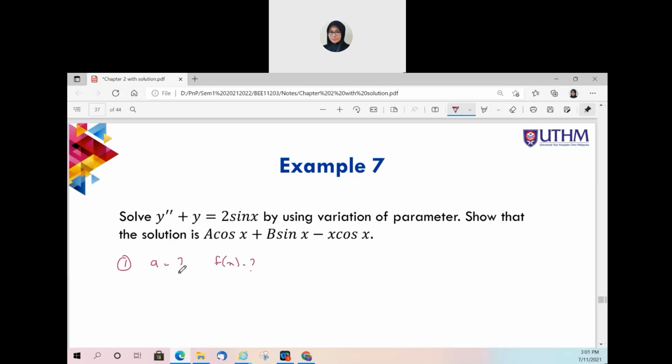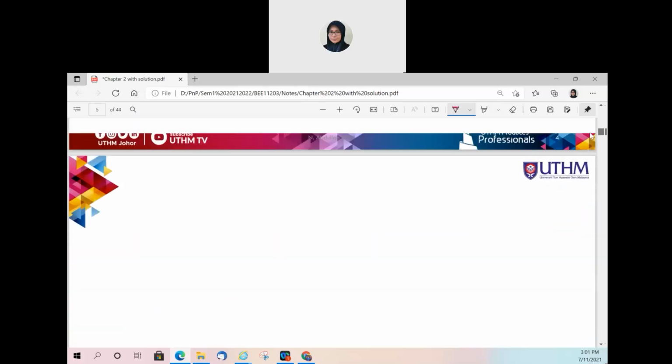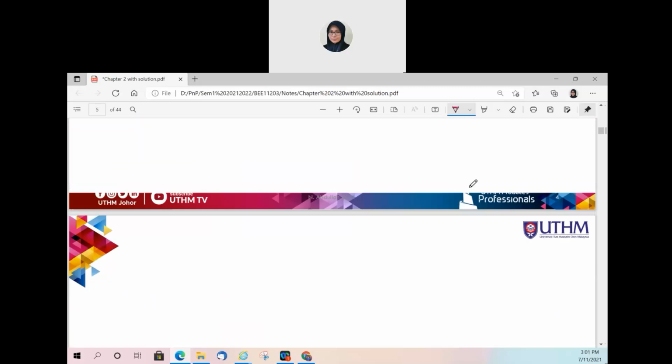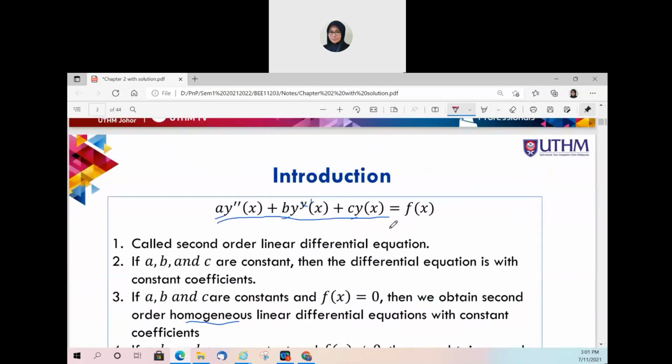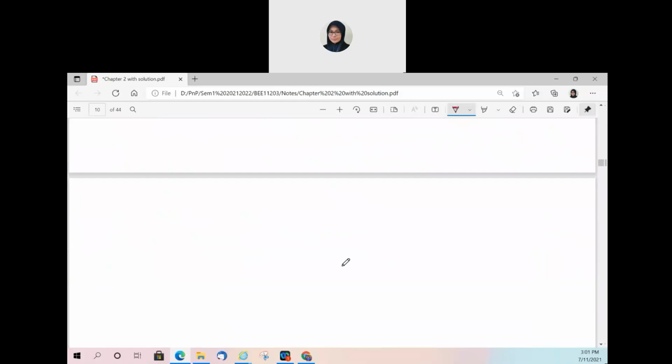So from these equations, what is A? You have to write it in the form of the general ordinary equation. Maknanya general equation mana? So you have to write in this form. Then you can find what is A.